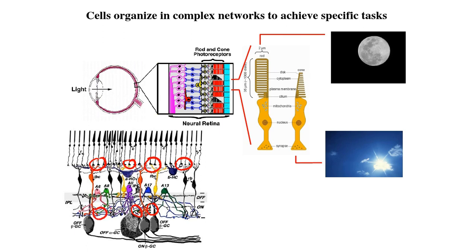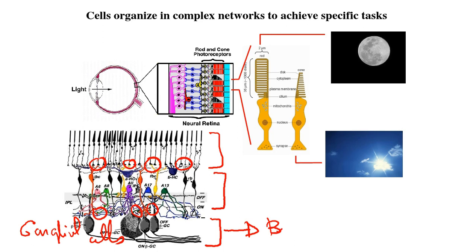The information can be transmitted from one layer, which is here the photoreceptor layer, to the ultimate layer, the third layer. There is another intermediate layer here where some processing occurs. But this layer is interesting because this is what is sent to the brain. This is where ganglion cells are located. And then it goes directly to the brain.